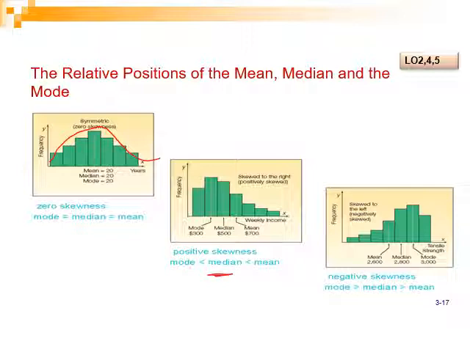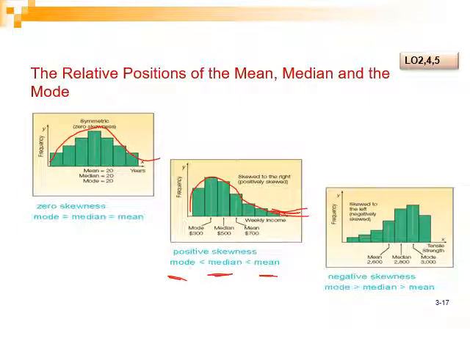Of course, the median is always the midpoint, in the middle. If the mode is less than the median and the mean is more than the median, we have a positively skewed distribution, which has the tail to the right direction.